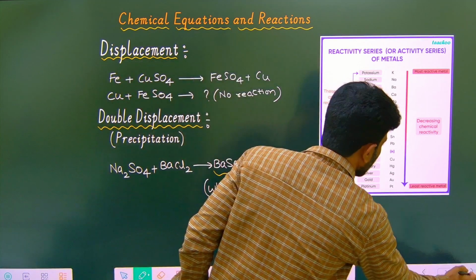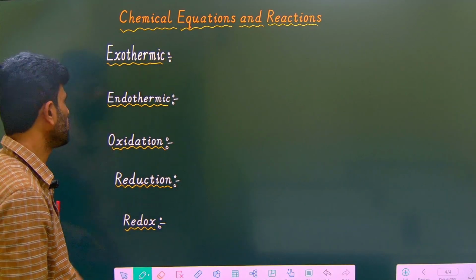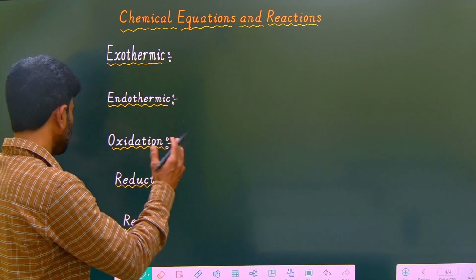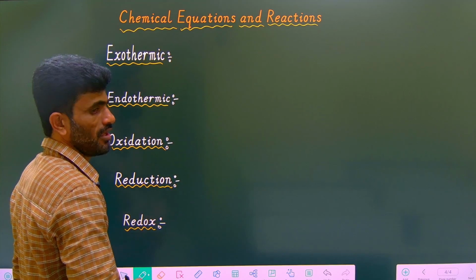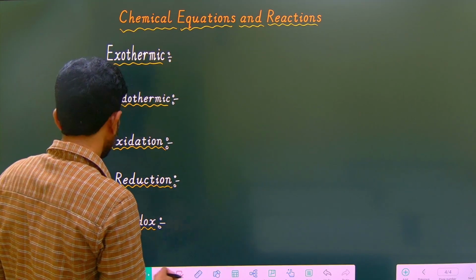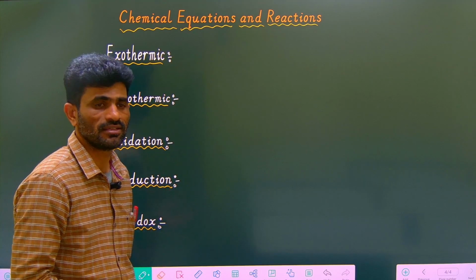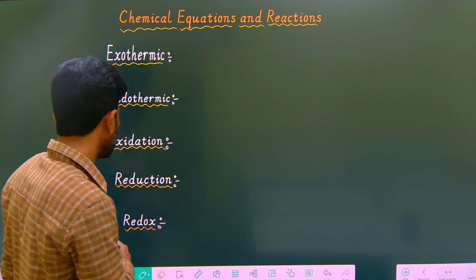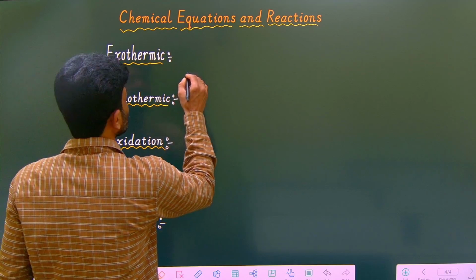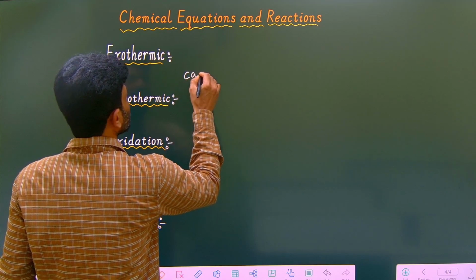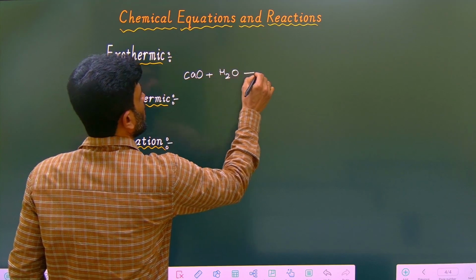Now coming to the next one, we have exothermic, endothermic. In the name itself, exo means energy comes out. In any chemical reaction, if energy is released, then that reaction will be called an exothermic reaction. For example, when calcium oxide, quicklime, reacts with water, what happens?